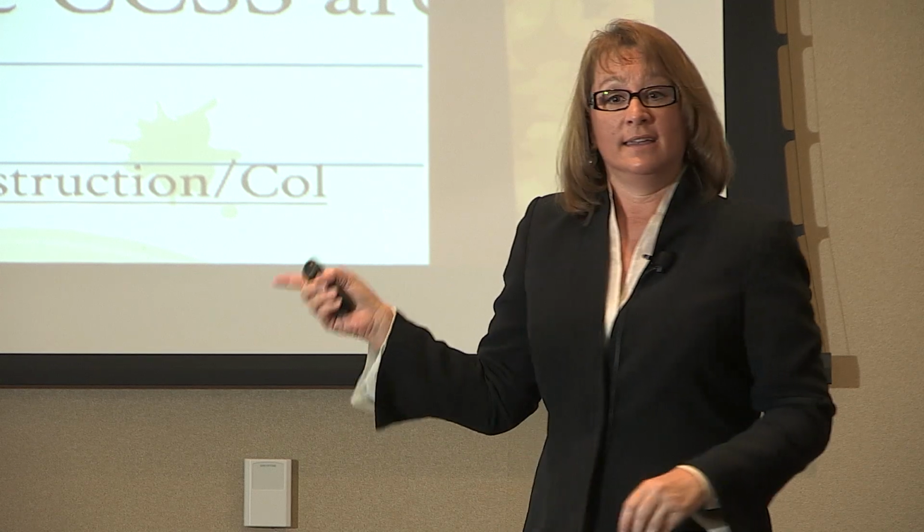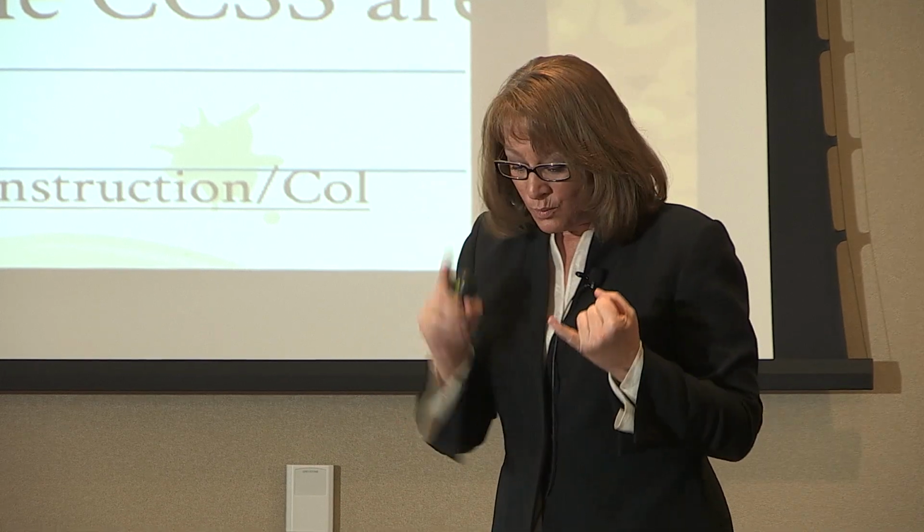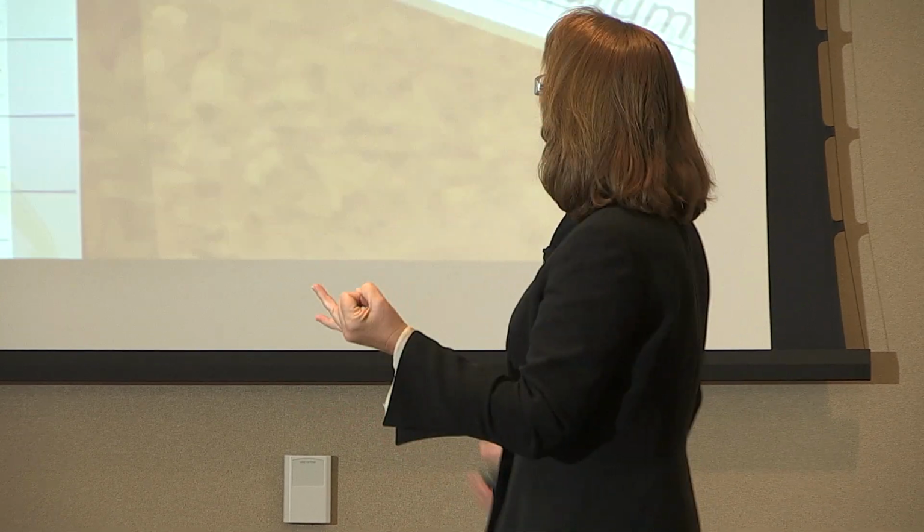The reason that the decision was made to embed the Common Core into the Colorado Academic Standards is because there were some legislative pieces in our standards that we had to meet, those legislative requirements. So, for example, we have personal financial literacy.